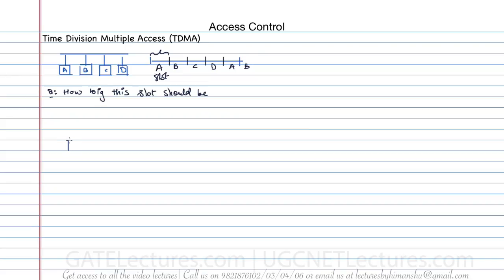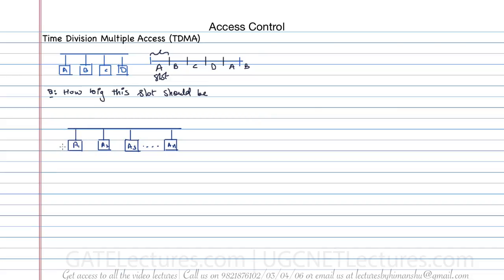This is the first station, assume station A1. Then this is the second station, A2. This is the third station, A3, and so on, up to N stations, AN. This is the link, or channel, which they have. Now, in the worst case, what can happen?